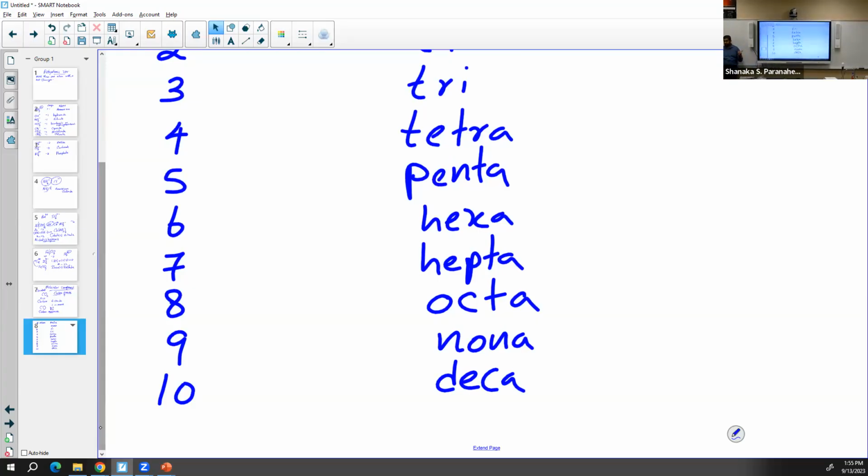Mono, di, tri, tetra, penta, hexa, hepta, octa, nona, deca. You don't need to memorize it, and it will be on the front page.